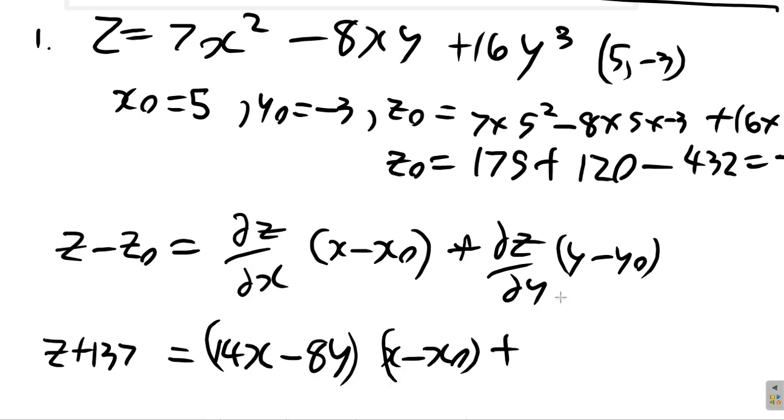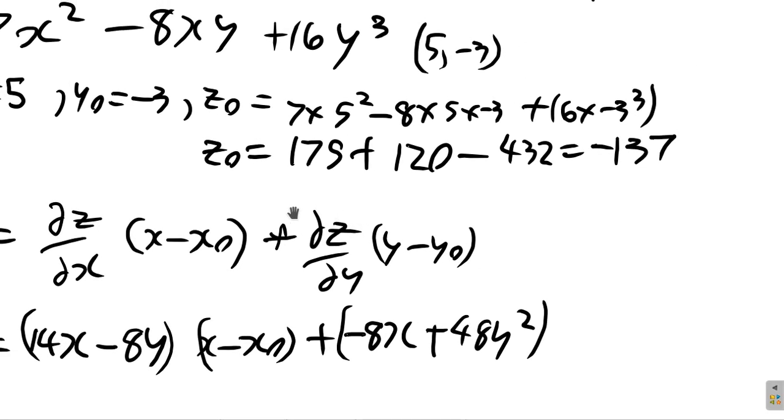Plus delta z by delta y is what? Negative 8x plus 16 times 3, that's 48, y squared times y minus y naught.